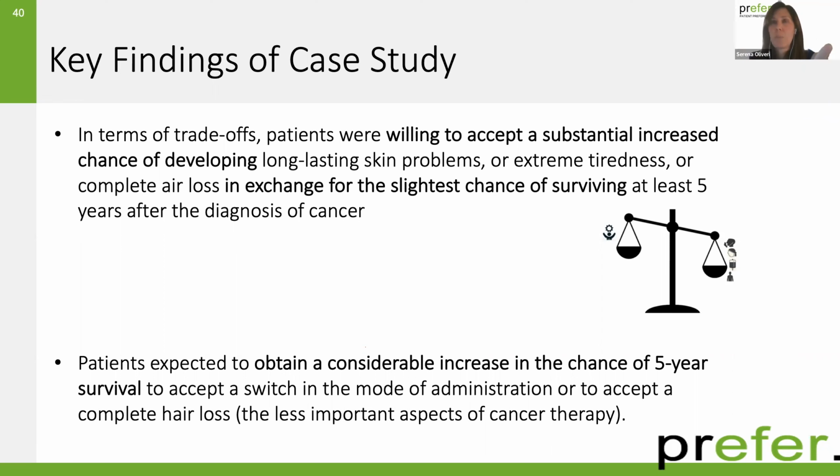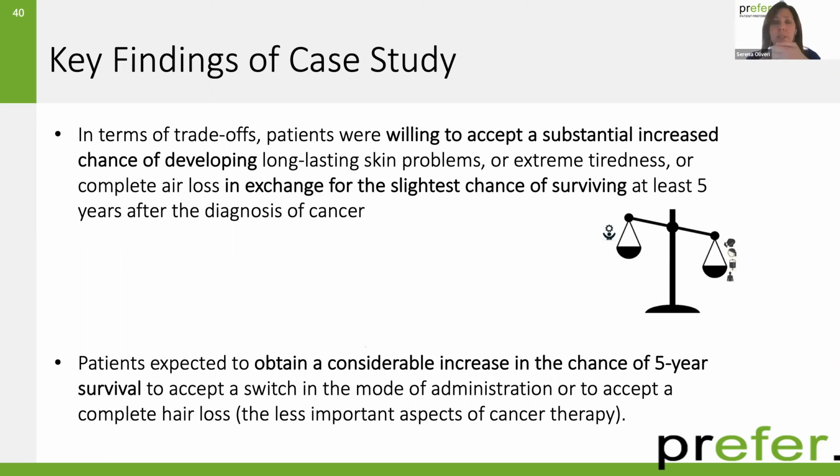Just to make an example, for a 1 percentage point increase in the probability of surviving, they accepted high probabilities, like an 8.5 increase in the probability of suffering severe side effects such as long-lasting skin problems or fatigue.